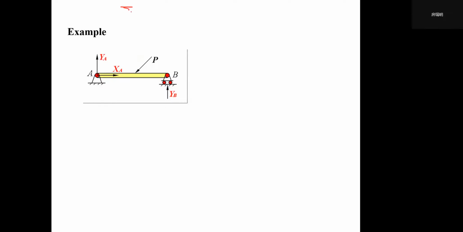We can use sigma X equals 0 and sigma Y equals 0, or maybe sigma MA equals 0, to find the unknowns XA, YA, and YB.